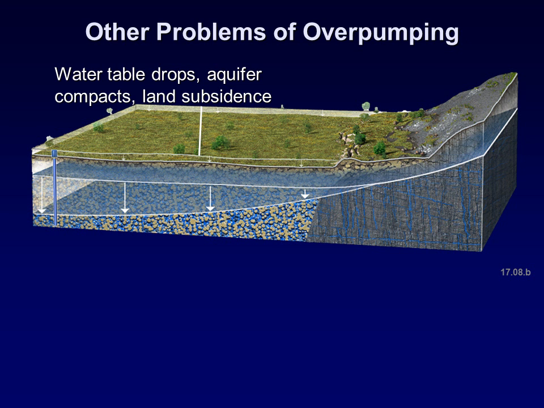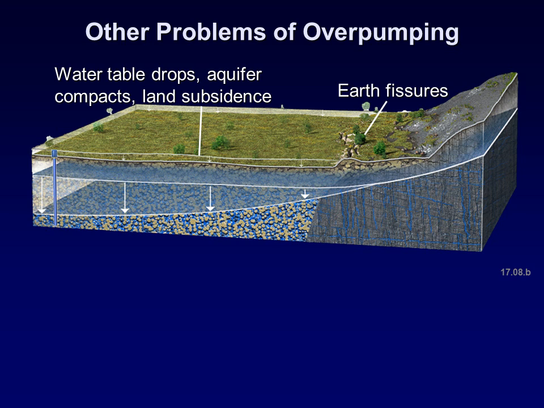Other problems of overpumping. As the water table drops, the aquifer compacts, causing subsidence of the land surface. Fissures form along boundaries between more and less subsidence. This is a big problem in the Phoenix area, especially in the outskirts where the suburbs rely primarily on groundwater.